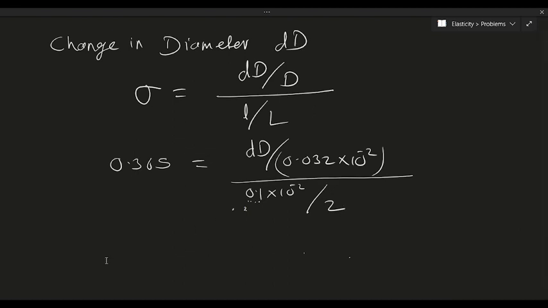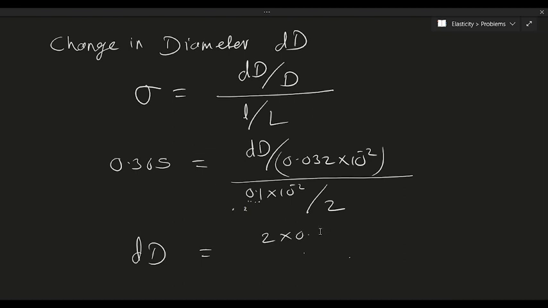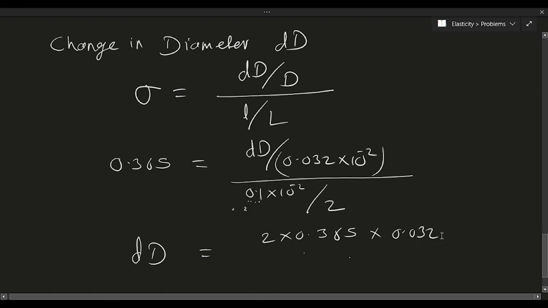So we can rearrange all this and get the change in diameter to be 2 into 0.365 multiplied by 0.032 into 10 raised to minus 2.